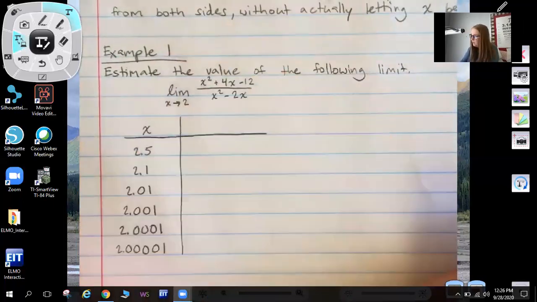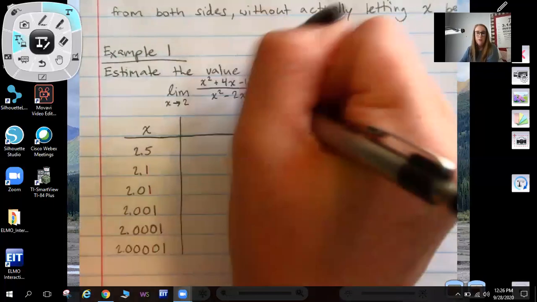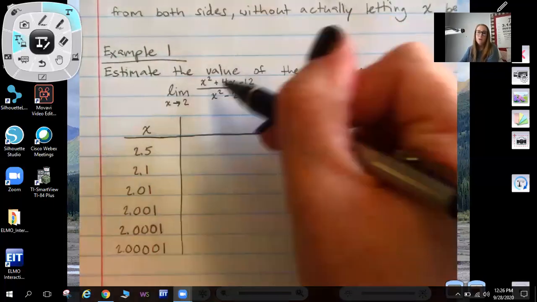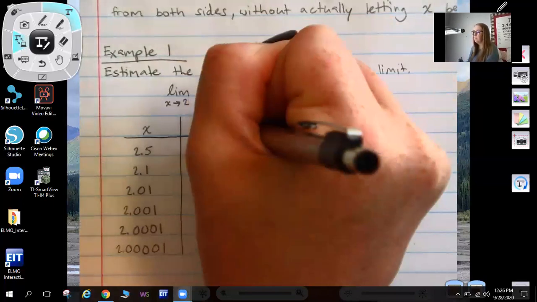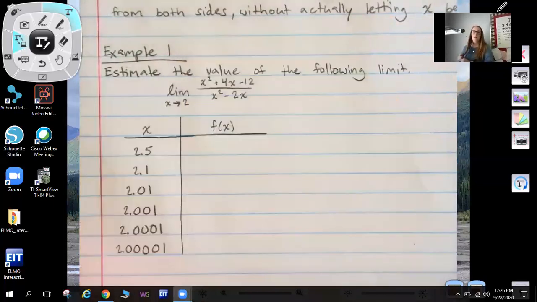And we're plugging those into this part of our limit equation. Let's go ahead and call that f of x, since that's what it's called in our definition of the limit.